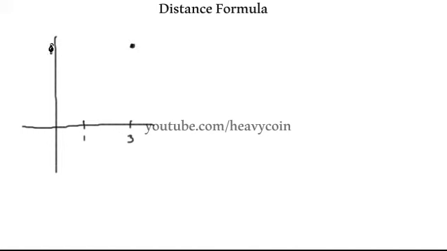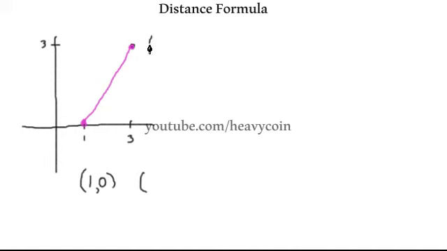Try to keep this to scale here. And we want to find the distance between this point and this point here. Okay? So we're going to try to find the distance between this point and this point. Now, let me go ahead and write these 2 points up here. So this point is 1, 0.